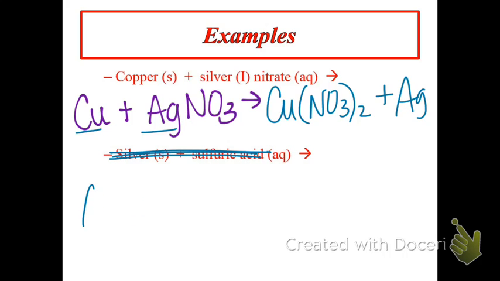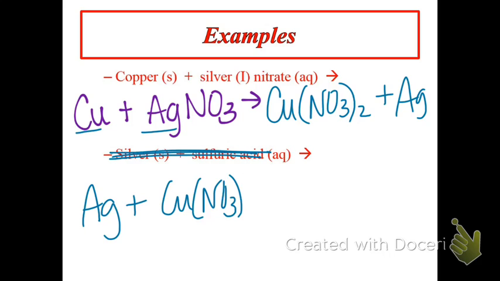Brain click on AgNO3, and it still isn't clicking on Ag, and copper nitrate. Okay. This would be an example where silver is not higher on the chart than copper, right? Because in the last one it was flipped, because copper was higher, but here silver is not higher.